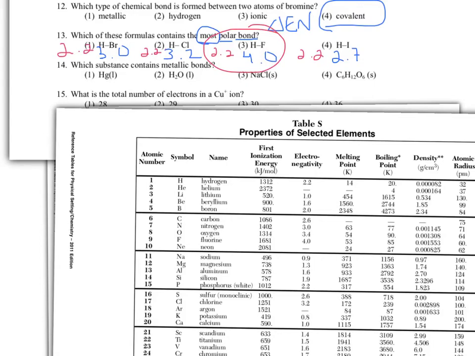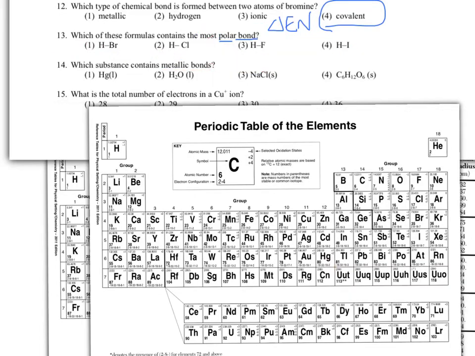Question number 14 asks, which contains metallic bonds? Metallic bonds must have a metal, and they must only have a metal. So we can look on our periodic table to identify metallic bonds. So here on the periodic table, we can see Hg, mercury, is indeed a metal.